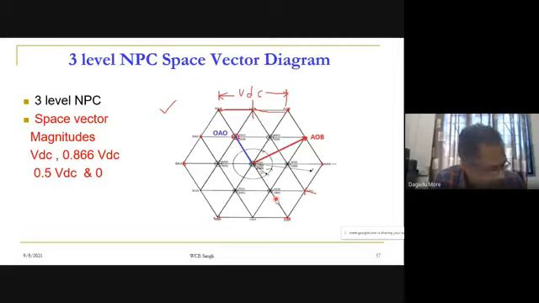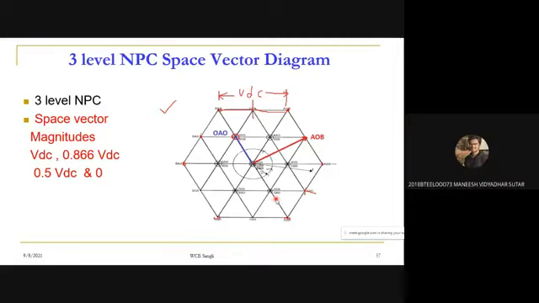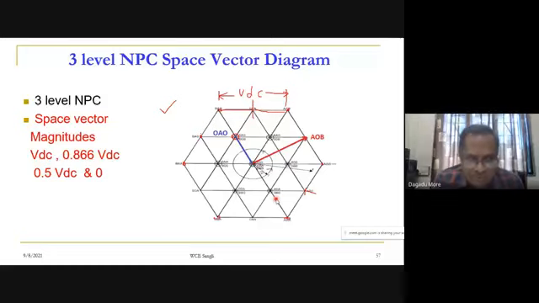Hello, am I audible? Yes, sir. Any question? How to draw the space vector diagram for any multi-level inverter? What is very basic? Divide one side of the hexagon into the number of levels minus 1. If it is a 3 level inverter, you divide the DC link into 2.